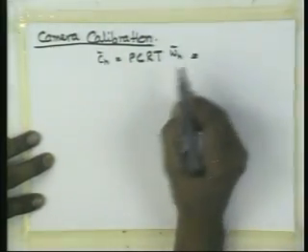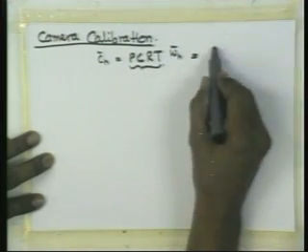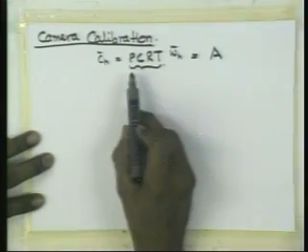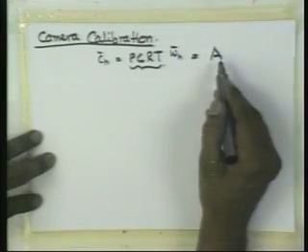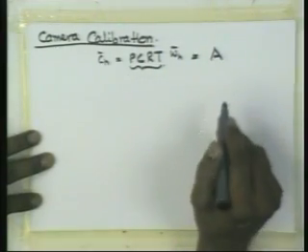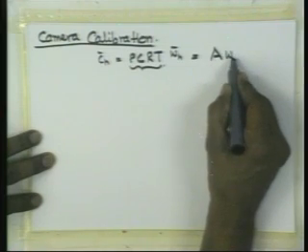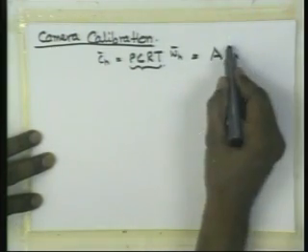So I can say that all this is collapsible into one single matrix, because each of these is a 4x4 matrix. When I multiply it out, I get 4x4, and let's call that A. That is a transformation matrix which I am interested in.